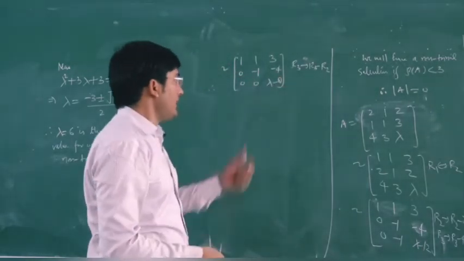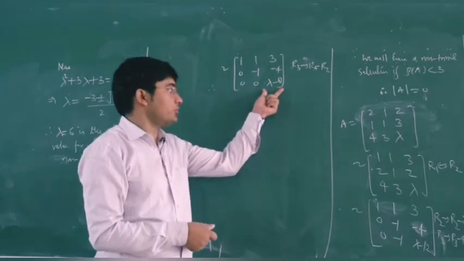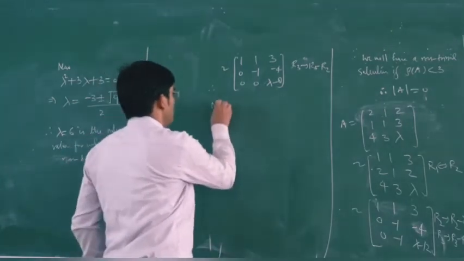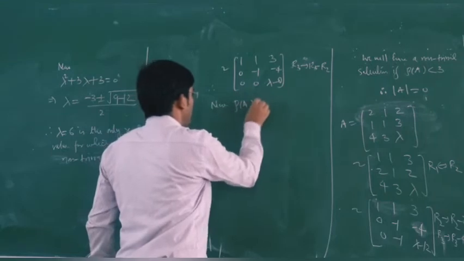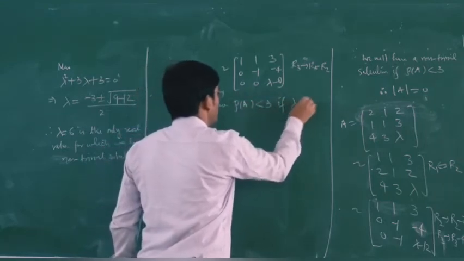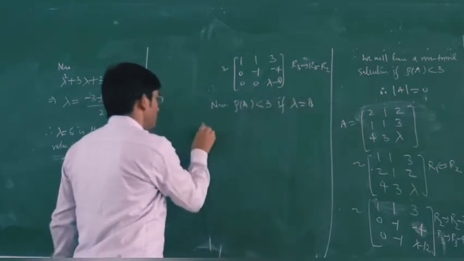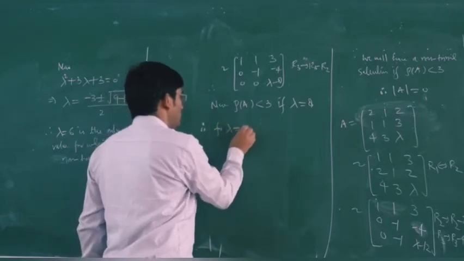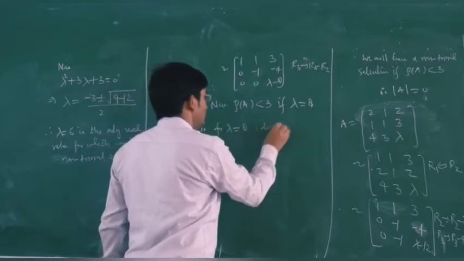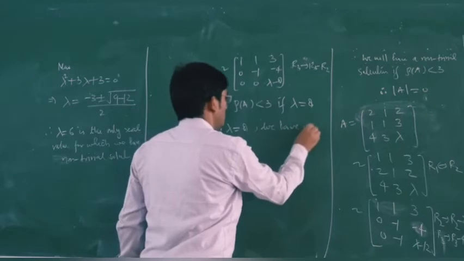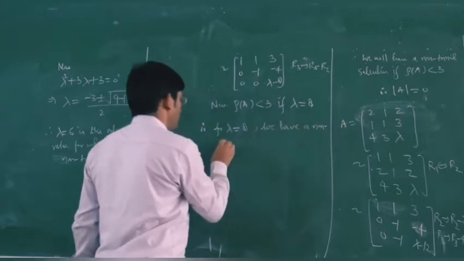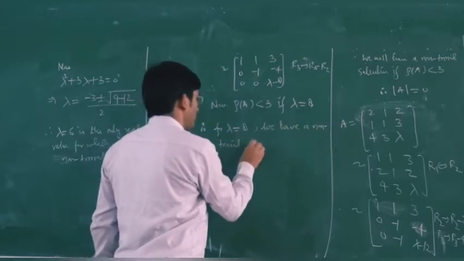Now the rank of A will be less than 3 if lambda equal to 8. Therefore, for lambda equal to 8, we have a non-trivial solution.